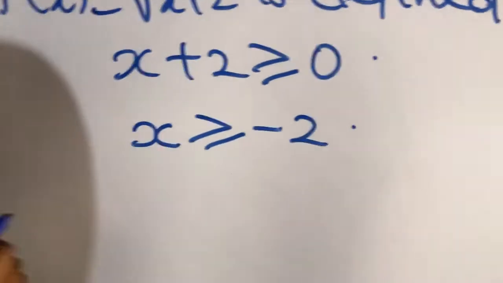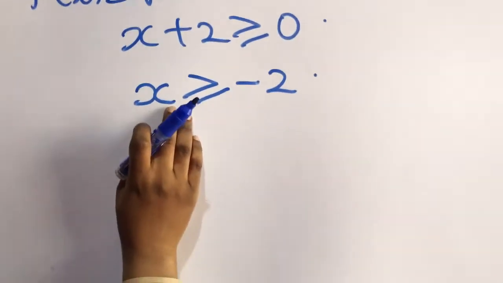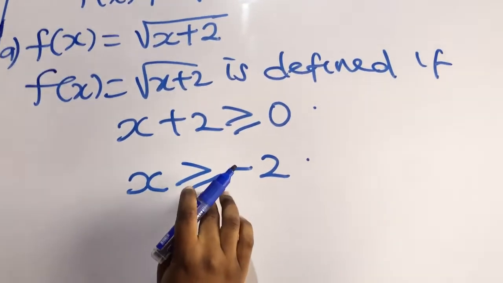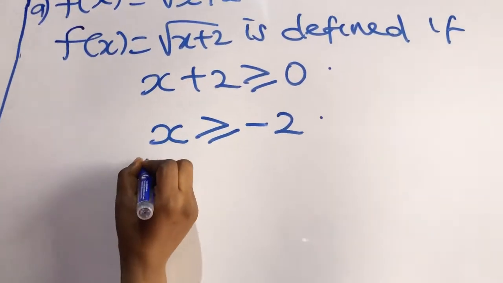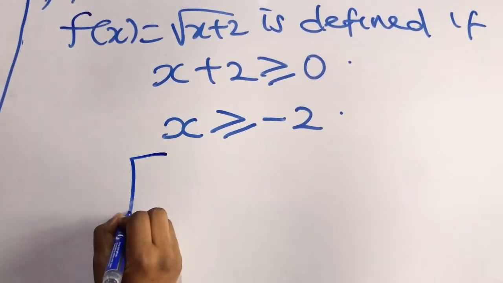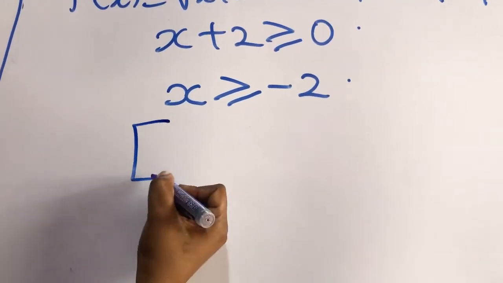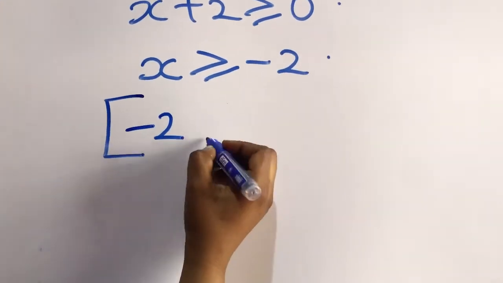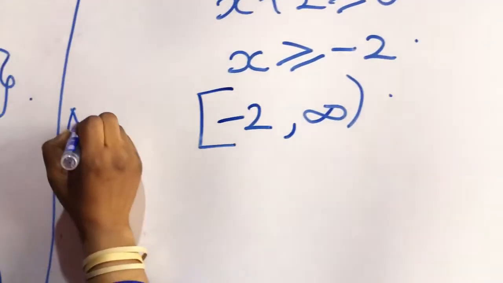So here we need to know that all other values can be plugged in, except that it must be greater than or equal to minus 2. That means if you want to draw the brackets now, it will be closed. It must not go beyond negative 2, then comma infinity. So this is our domain.